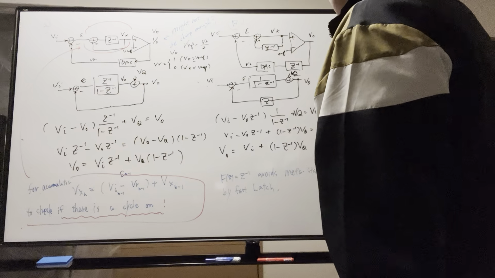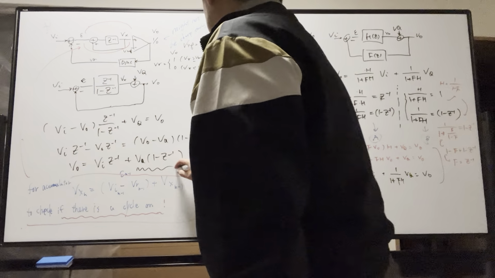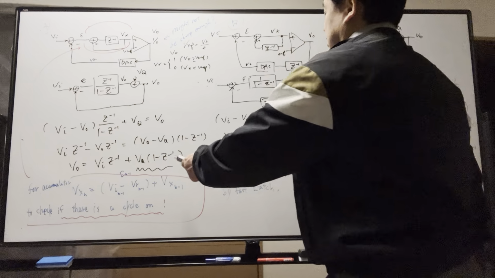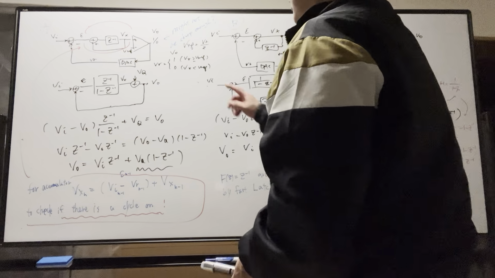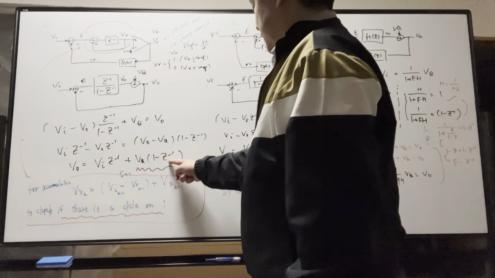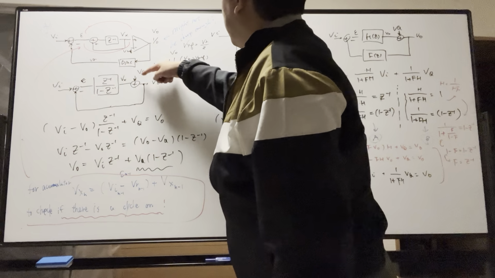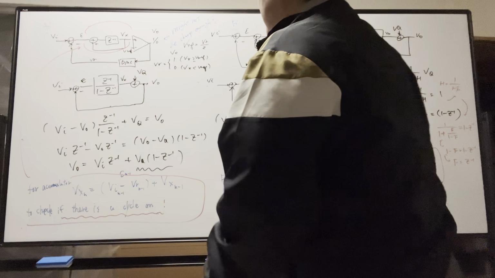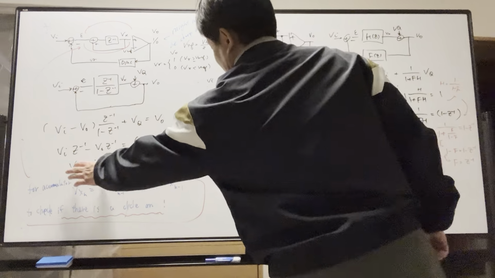And from this insight, we can see that when z to the -1 approaches 1, as frequency f approaches 0, 1 minus 1 goes to 0. So the added quantization noise affects nothing.